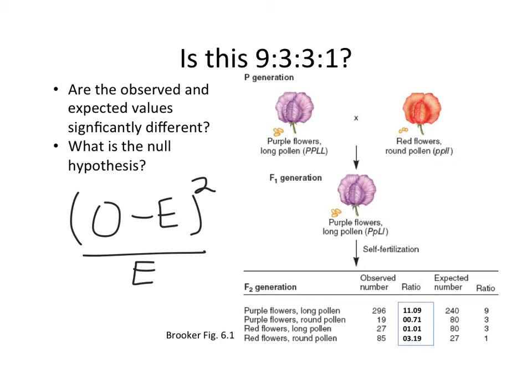So for example, 296 on the top line of that table, 296 observed minus 240 expected, square that, divide that by 240. Then what do we have to remember to do? We've already done the formula for how many lines in that table?